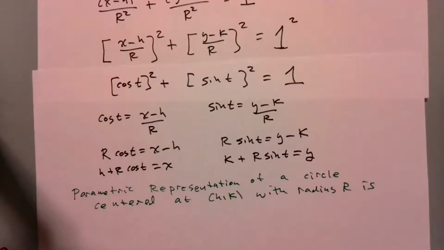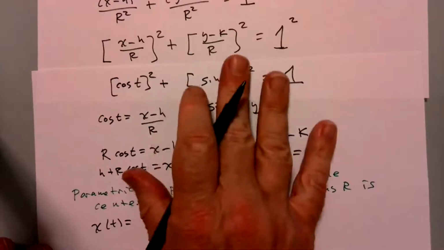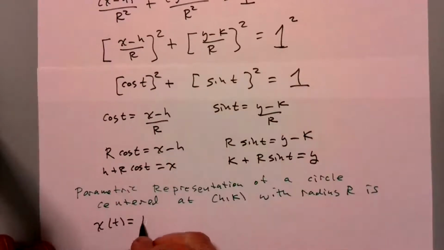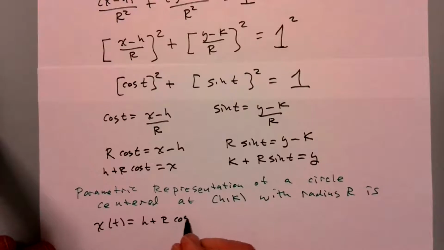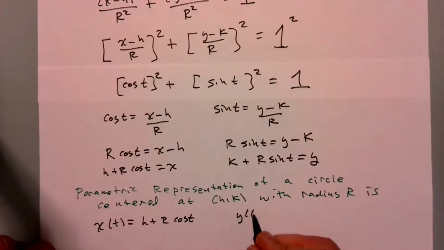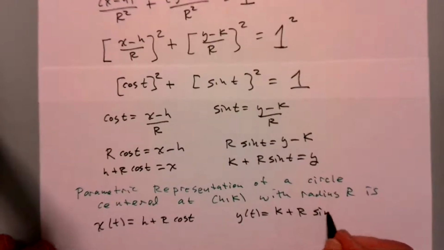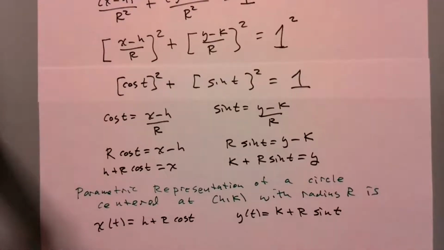So that would be x of t is h plus r cosine t and y of t is k plus r sine t. So I hope you're able to follow me. I recognize this is some fairly complicated stuff for us to work with, but I'm hoping that you can follow most of the computation. All right.